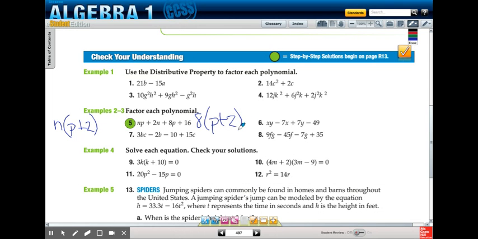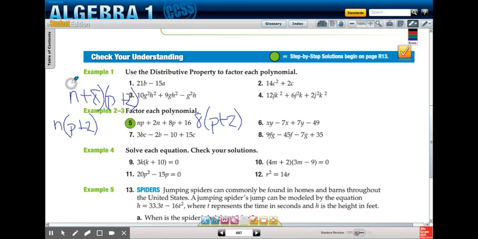And so what you should notice for each of these is that you should end up with something that matches. Because now what you have is n plus 8 times p plus 2.